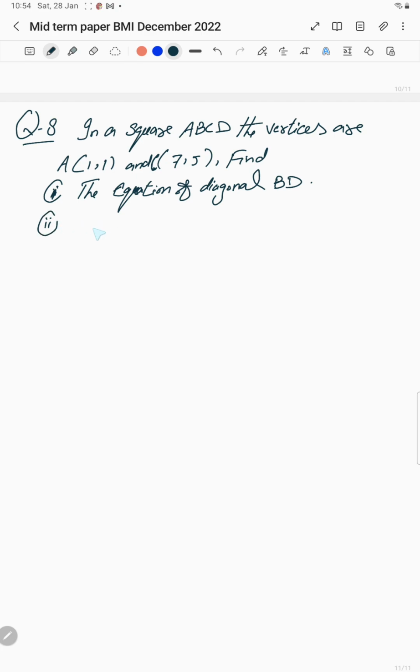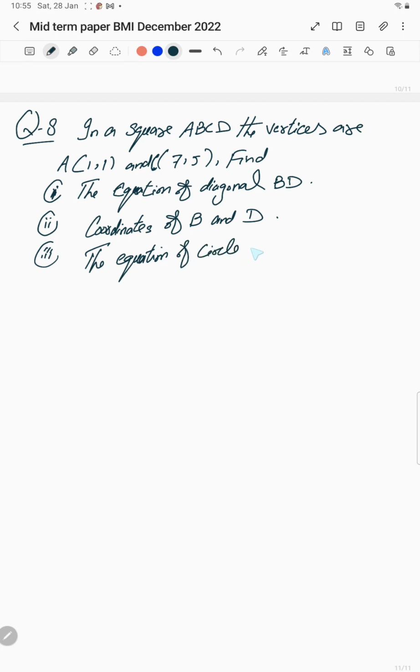Number 2, we have to find the coordinates of B and D. And finally, the equation of the circle in which A, B, C, D are inscribed.